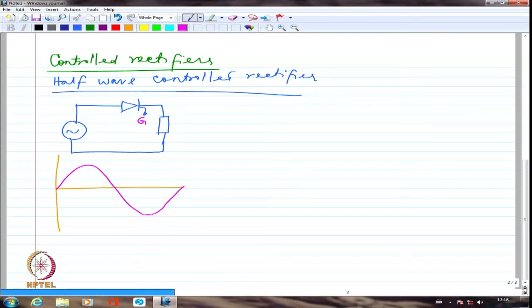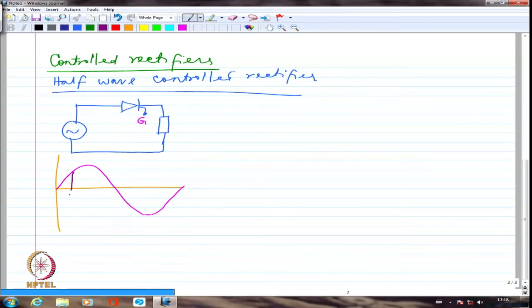One is that it has to be forward biased. The second is that I have to give a sufficient gate pulse. And of course, after giving that, the current has to exceed the latching current value. Only then it will continue to conduct. So I may choose to fire it somewhere here, maybe at 35-40 degrees. I am going to give the gate pulse only at this point. I will not give the gate pulse before that.